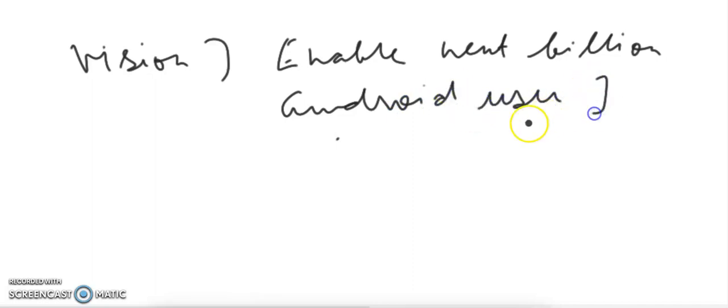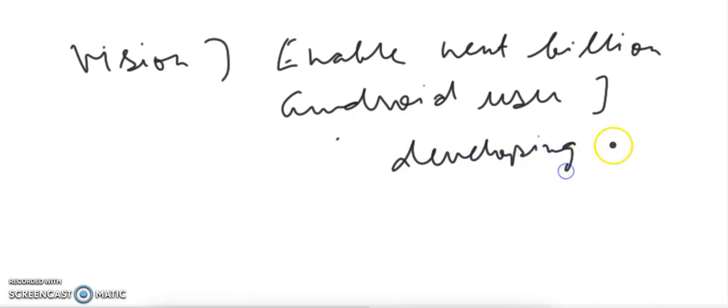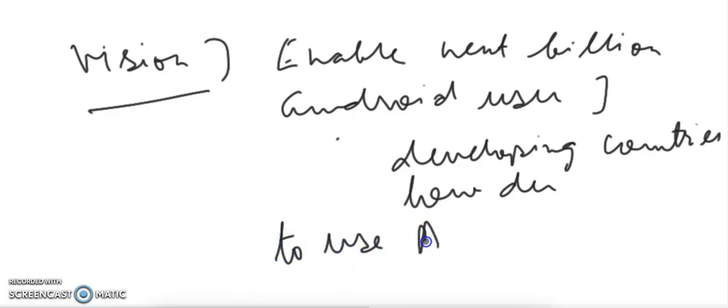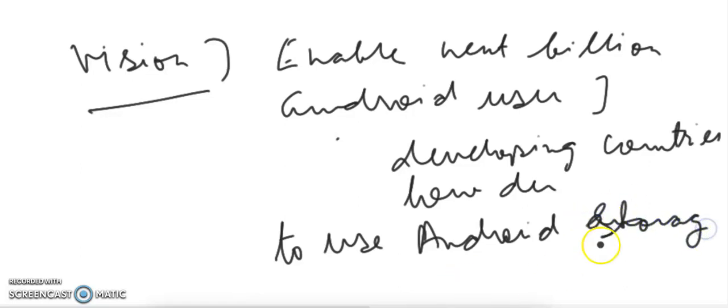The next billion would be coming mostly from developing countries, and they might have low-end devices, etc. So this could be our vision, that we want to enable the next billion to use Android and storage effectively.